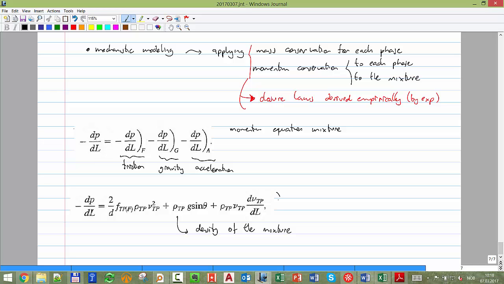First, that's a momentum equation for the mixture, and it's exactly the same as single phase. The only difference is that now you're using a two-phase velocity, a two-phase density, and a two-phase friction factor, but it's exactly the same.